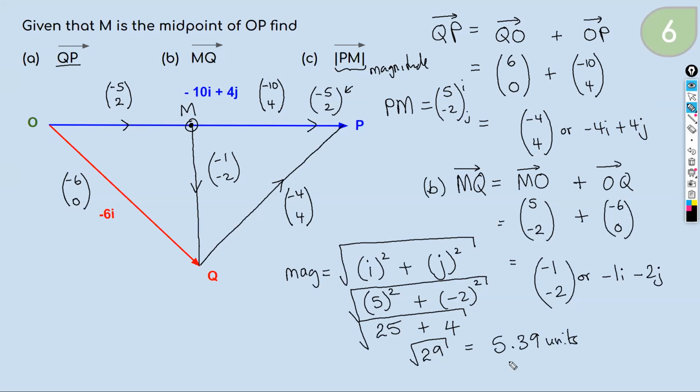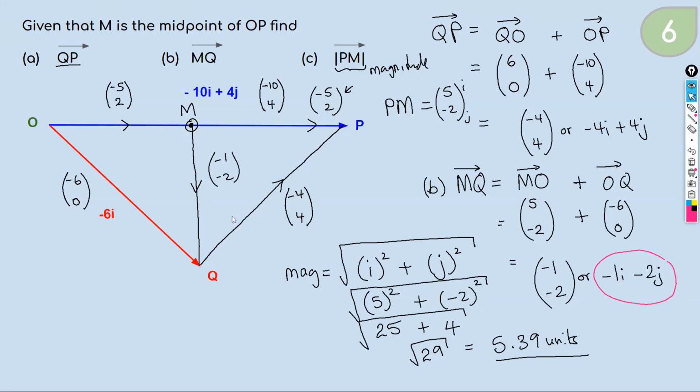All right, so while you all trying this one out, there's a minor issue. When we were doing this one here from M to Q, remember, if you go from M to O and then O to Q, we're supposed to get the same answer as from M to P and P to Q. So let's see if we get the same answer. Remember, the answer we got for that was minus 1 minus 2, right?